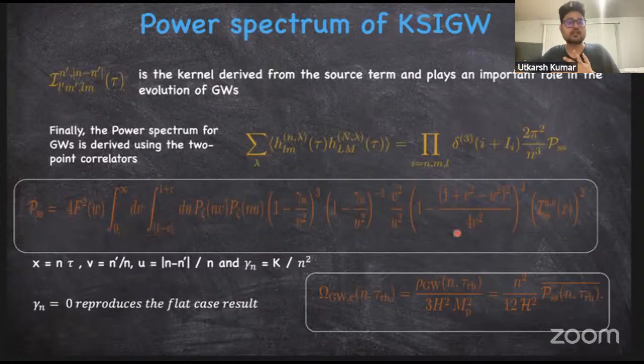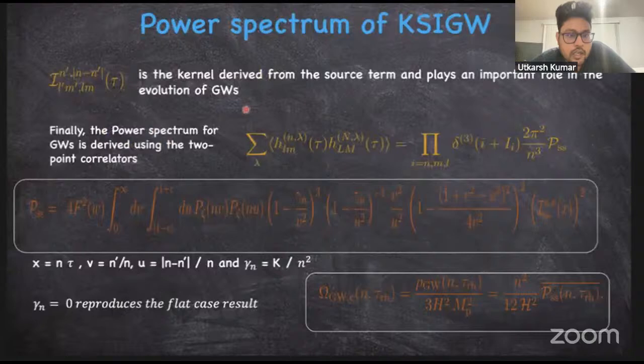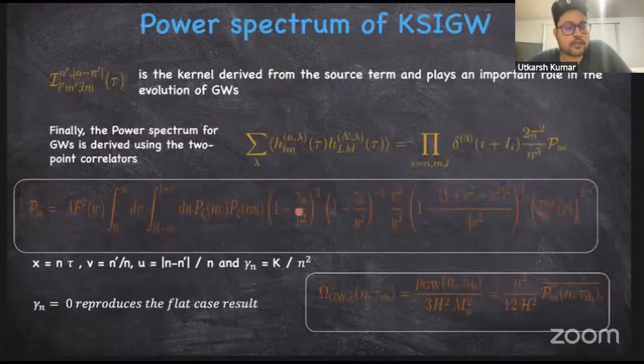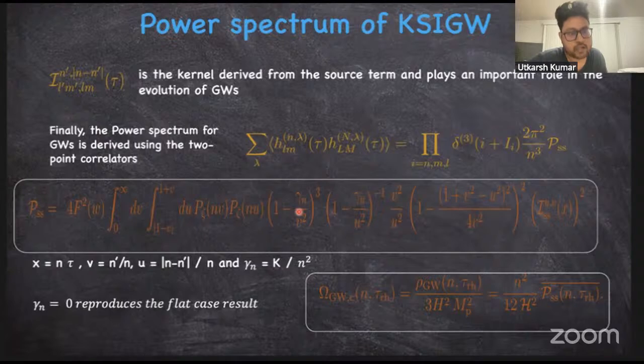In this expression, we see that there are terms proportional to gamma_n. These gamma_n terms are the corrections coming from the inclusion of the spatial geometry. If we take gamma_n to be 0, it reproduces the flat case result.